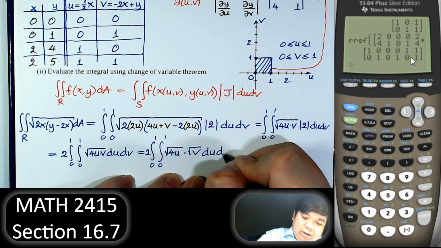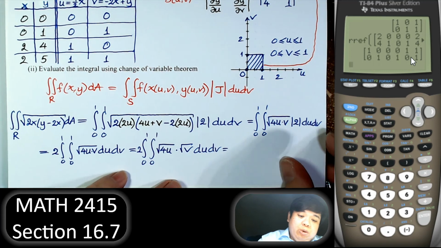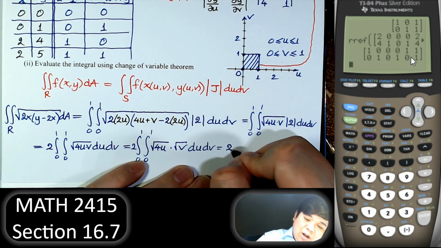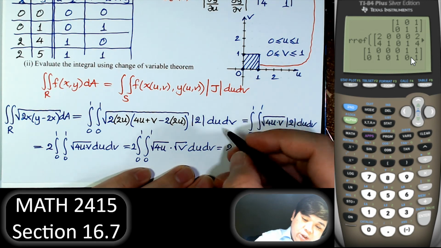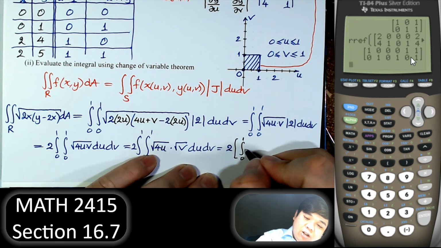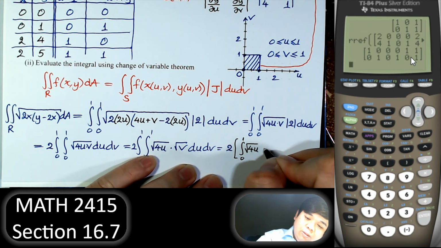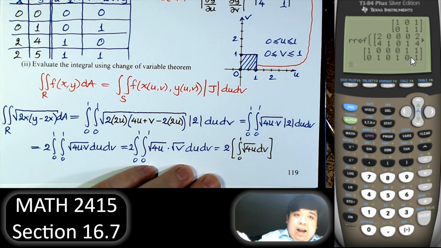And then du dv. What remains is grouping u and v. Group only u, 0 to 1, the function for u, and then for v.